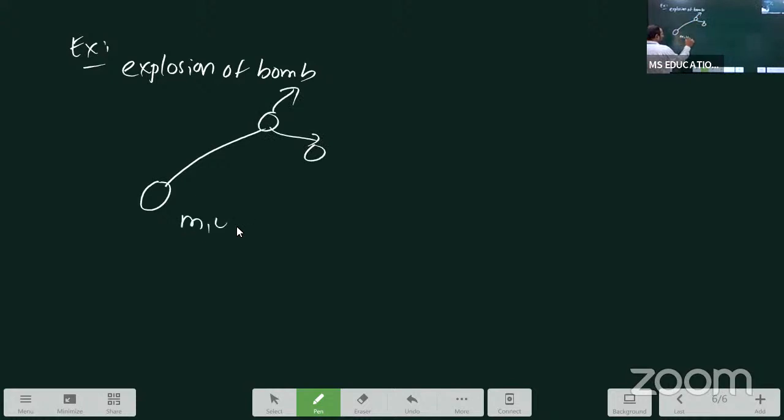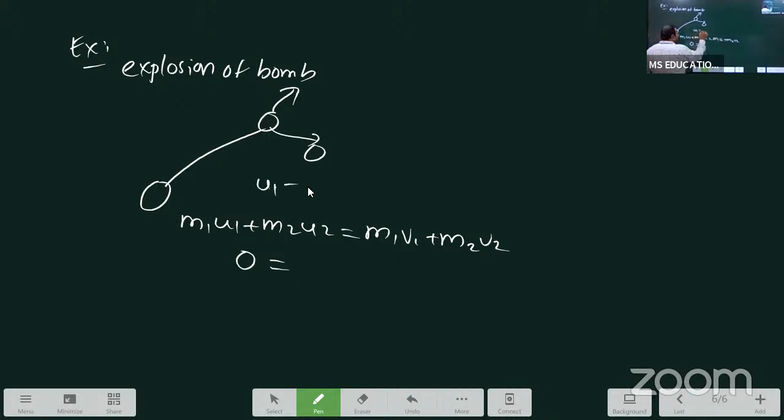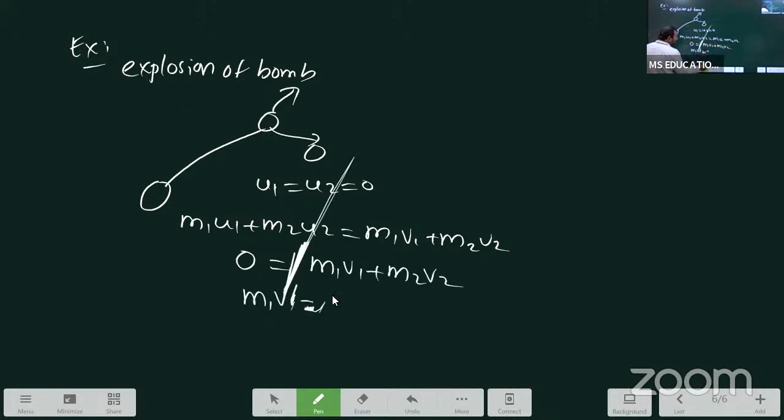You know, m1 u1 plus m2 u2 equals m1 v1 plus m2 v2. Before explosion, the initial velocity is 0, so m1 u1 plus m2 u2 equals 0 because initially u1 and u2 are 0. After explosion, the momentum is m1 v1 plus m2 v2, with one on the left side minus.